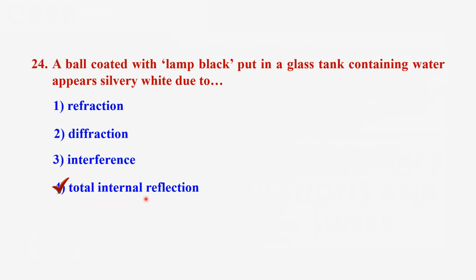Total internal reflection is the phenomenon where a light ray traveling from one medium to another, after refraction, never enters the other medium and instead stays in the same medium. So because of total internal reflection it appears silvery white, which we call TIR.